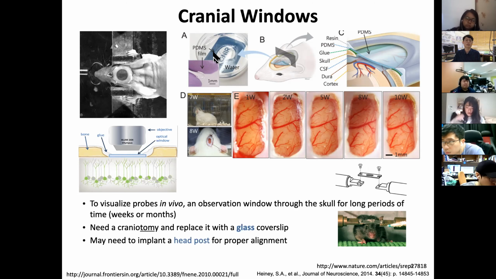This was developed by Professor Samina from Sungkyunkwan University in 2016. You can have a flexible PDMS instead of a window. This resin and PDMS allow you to insert a needle so that maybe you can inject tumors, or inject calcium indicators.